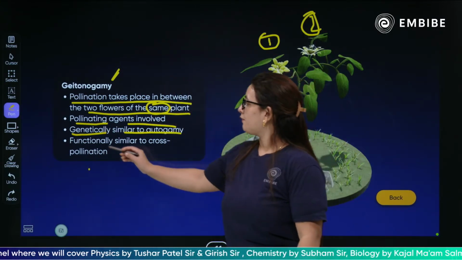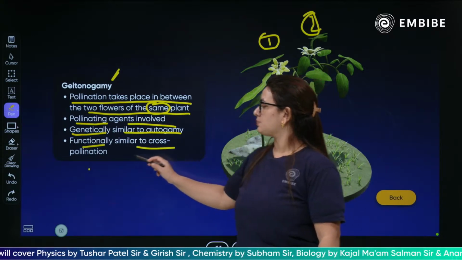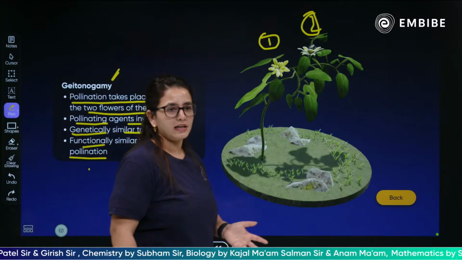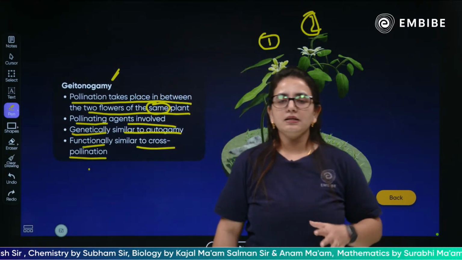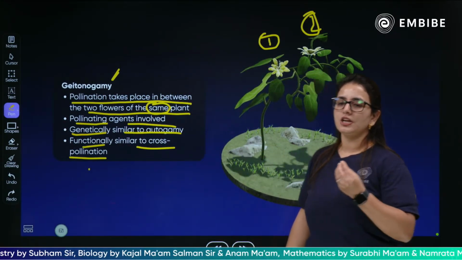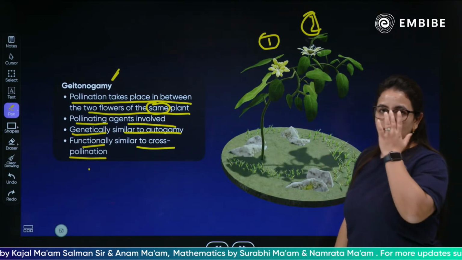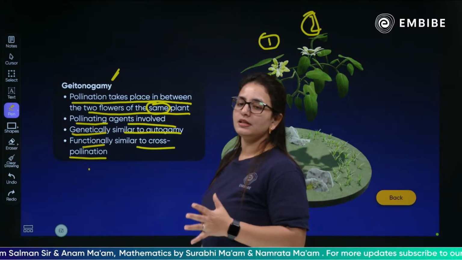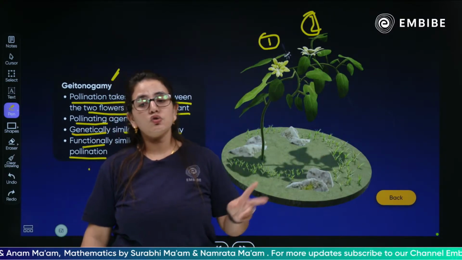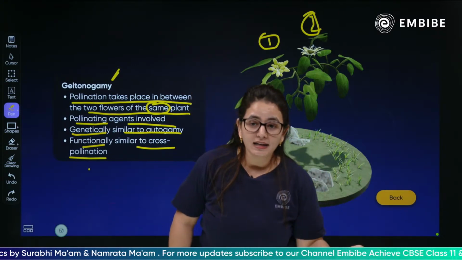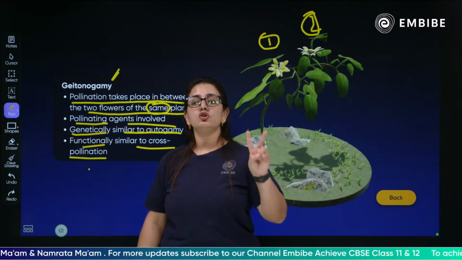Yes, it is functionally similar to cross pollination. Why similar to cross pollination? The similarity with cross pollination is that two flowers are involved. It might be the same plant, but we have involved two flowers.